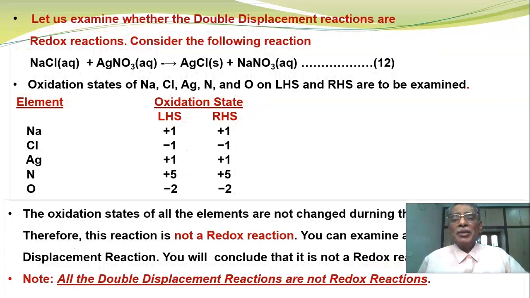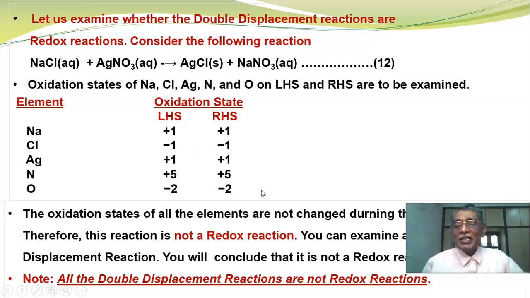Let us examine whether the double displacement reactions are redox reactions. Consider the following reaction. NaCl + AgNO3 gives rise to AgCl + NaNO3. So now you look at the oxidation states of Na, Cl, Ag, N and O, LHS and RHS. They are same.